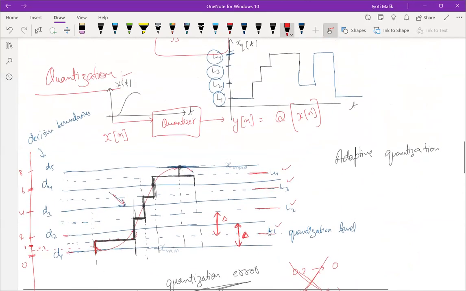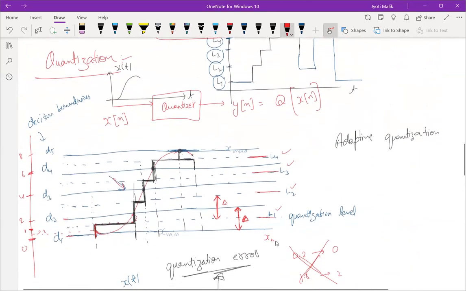Here we had the range from x minimum to x maximum, and we were dividing this range into how many equal partitions? 4, right?